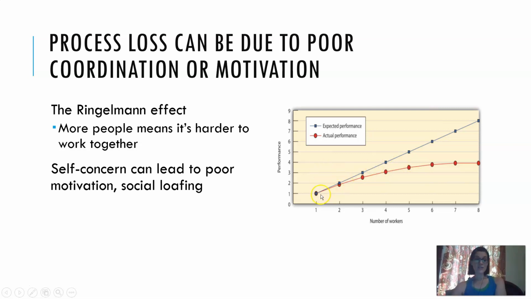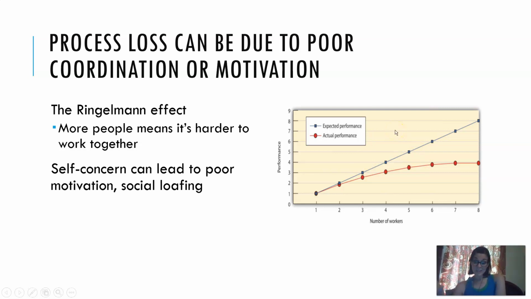So here you see a number of workers and then you have performance. You can see that the more workers you add, the performance reaches its asymptote around 6 people. But notice that with every additional worker you add to this group, the greater the discrepancy between your expected performance and your actual performance.